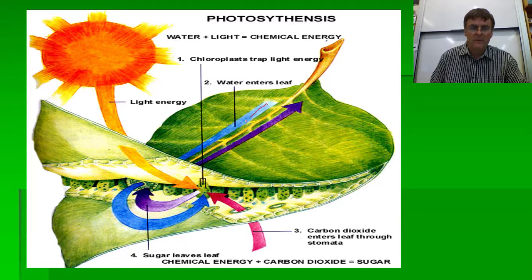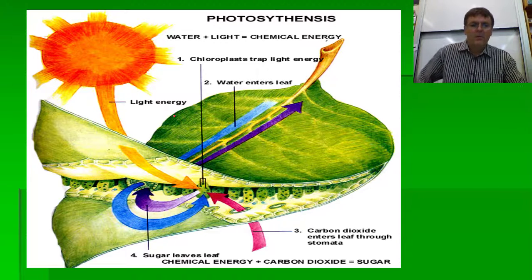Okay, so water's coming in. It's making the products which will then leave the cells and leaves the leaf via the same transport system. Carbon dioxide's coming in through the stomata into the leaf so it can do the photosynthesizing, and sunlight coming in from the top.